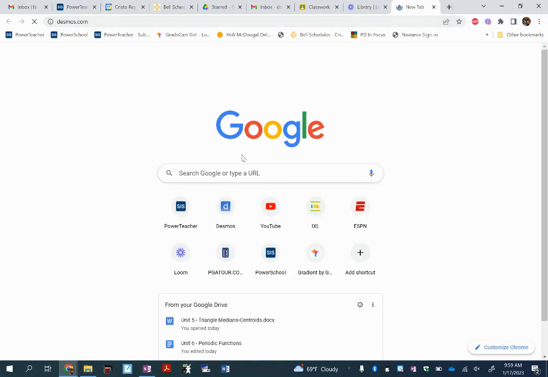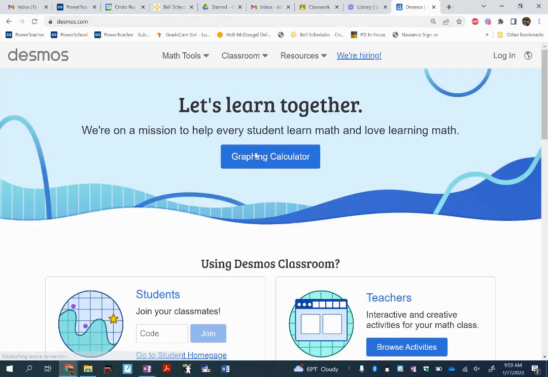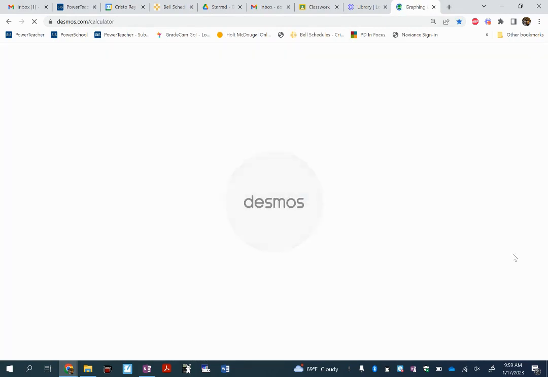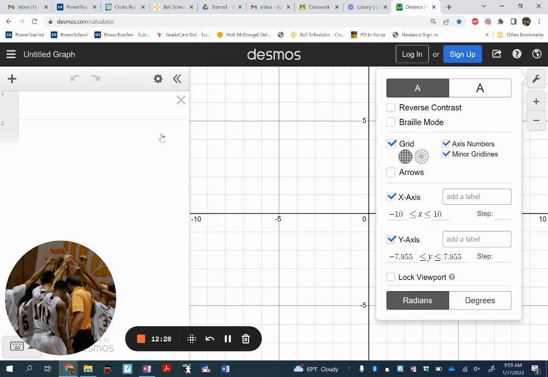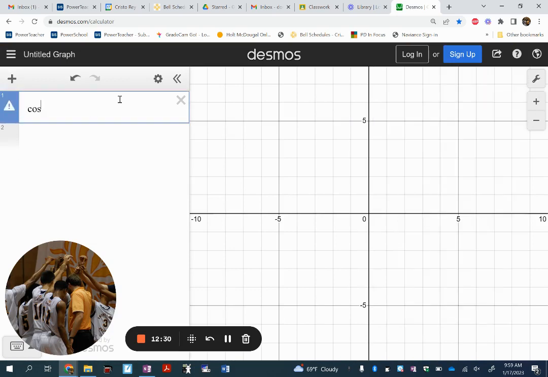Let's do our check to make sure that we are in fact in radians. So click the wrench when you get there. All right, so here's my wrench, and I am in radians. Excellent. So I'm doing arc cosine, so cosine to the negative first power of 9/12. If you want to reduce it, you can, it doesn't matter.